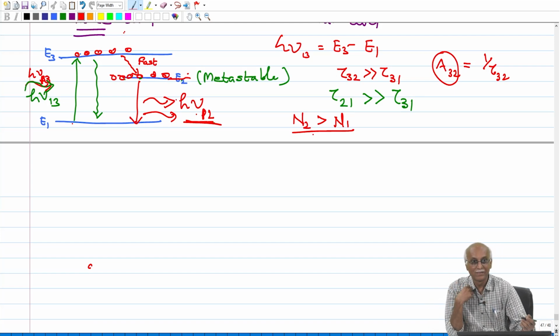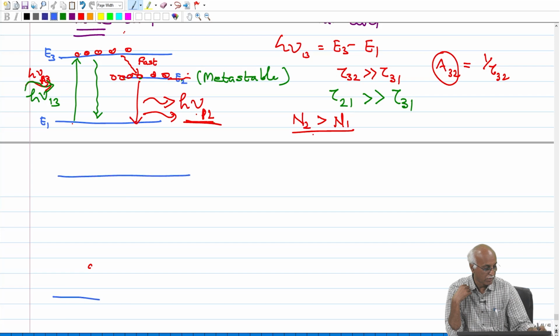But I will show you another diagram, a four-level system, and you will see that we need not even pump to the level where the ground level population becomes half or less. Before that itself we can achieve population inversion. It is quite simple.